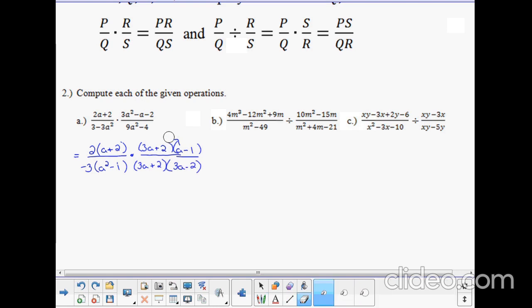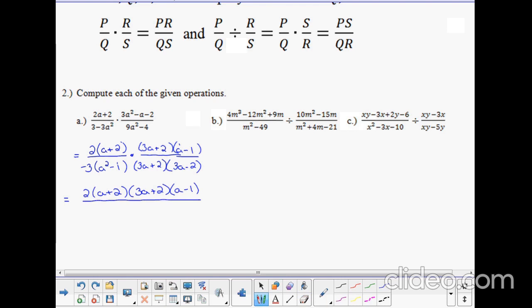Now what I may notice is I have some common factors. I'm going to completely factor this before I start to eliminate my common factors. So this is the same as everything in the numerator being put together. Notice here in our rule, p and r get put together. So I'm just going to write this as one fraction. The numerator is going to be 2 times a plus 1 times 3a plus 2 times a minus 1.